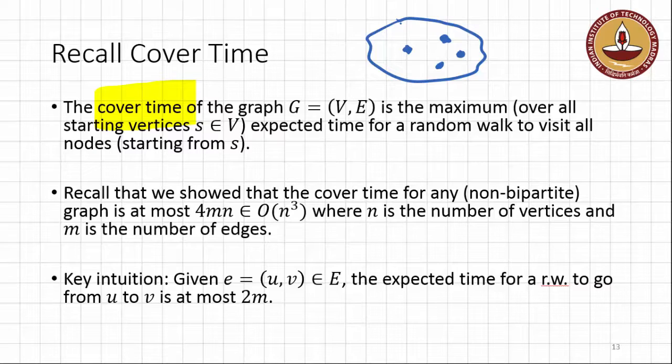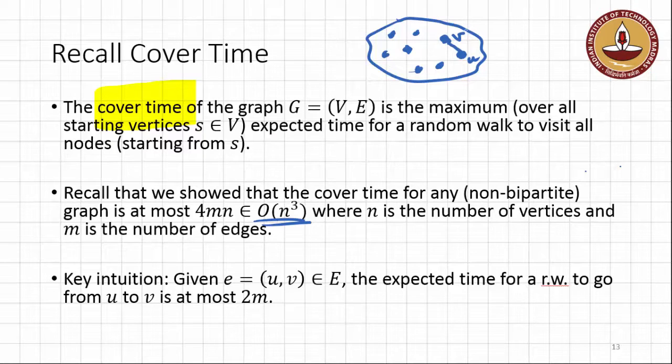And in the lecture, we showed that the cover time for a non-bipartite graph is at most 4mn, which is nothing but O of n cubed, where n is the number of vertices and m is the number of edges. If you recall, the key intuition for the proof was to look at an edge in this graph, say between vertex u and vertex v, and start a random walk from u.